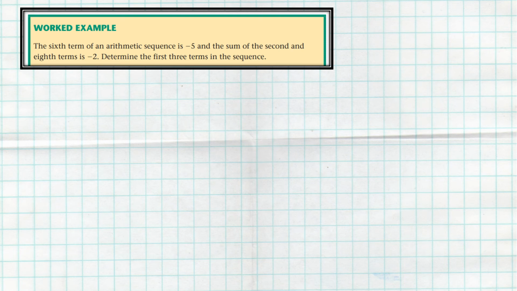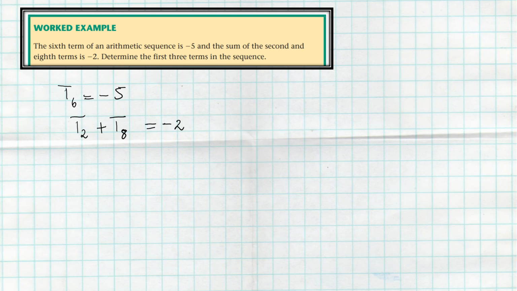Okay, it says the sixth term of an arithmetic sequence is minus 5. So I'll just say term number 6 is equal to minus 5. And the sum of the second and the eighth terms is minus 2. So term number 2 plus term number 8 is equal to minus 2.